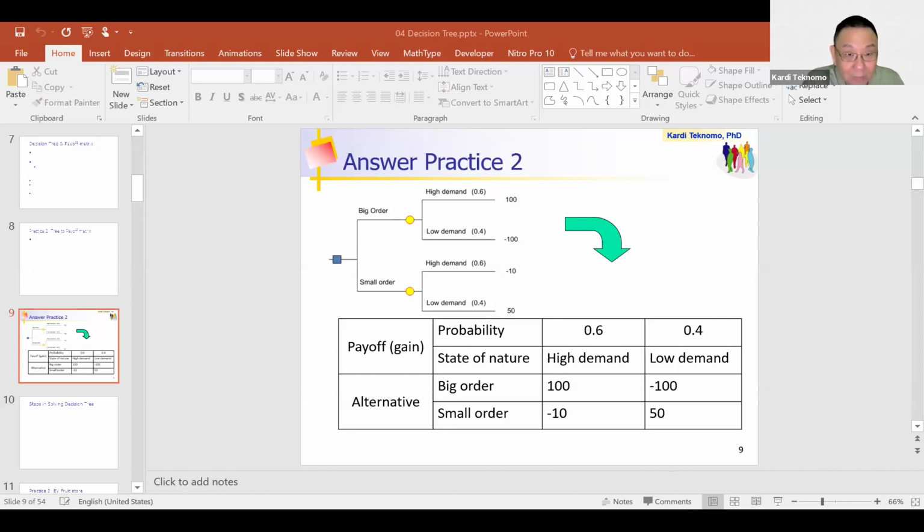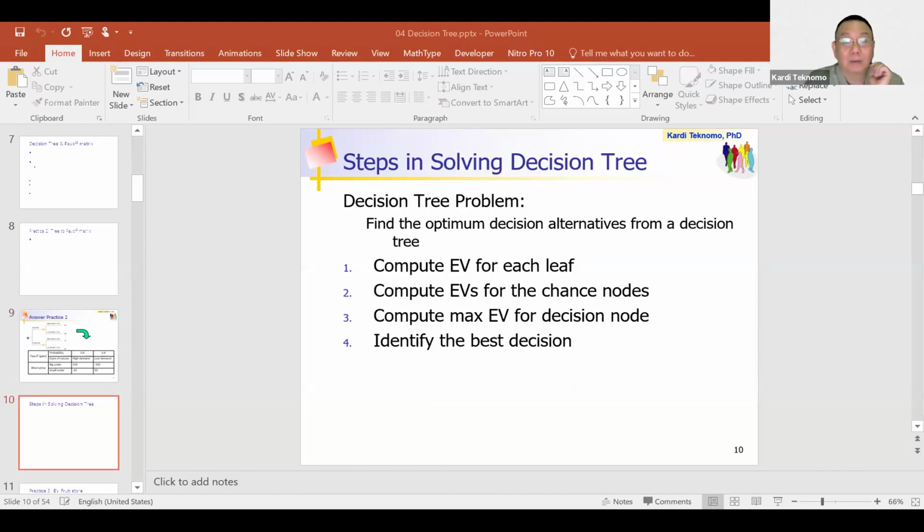Now, how are we going to use this decision tree? You want to find the optimum decision alternative from the decision tree in 4 steps.